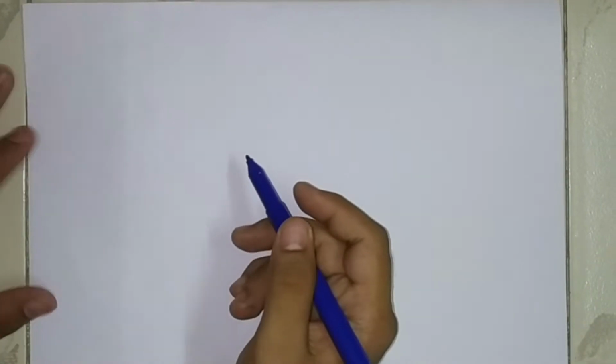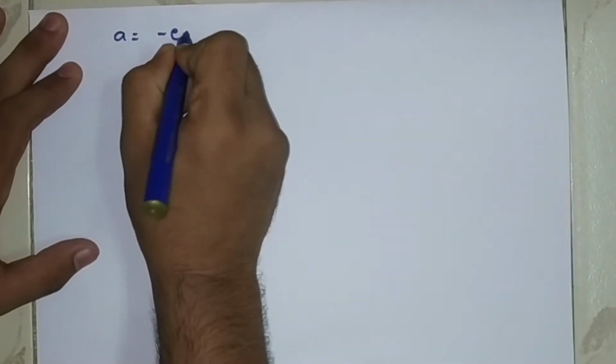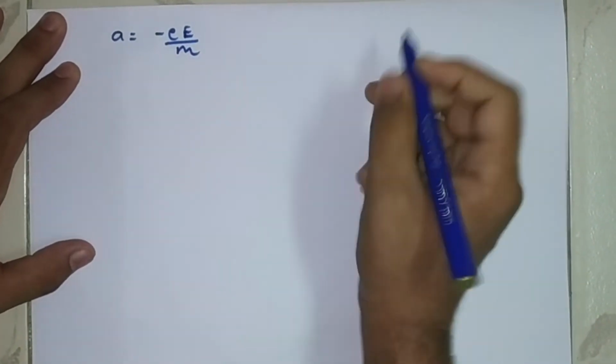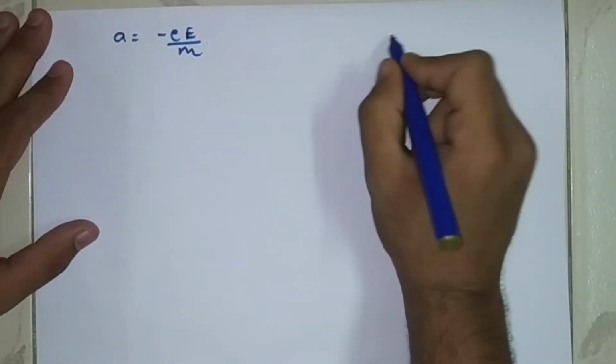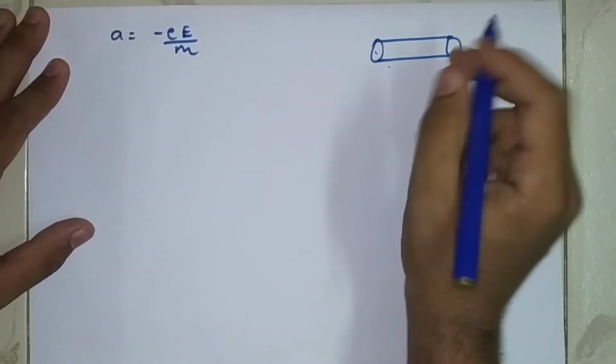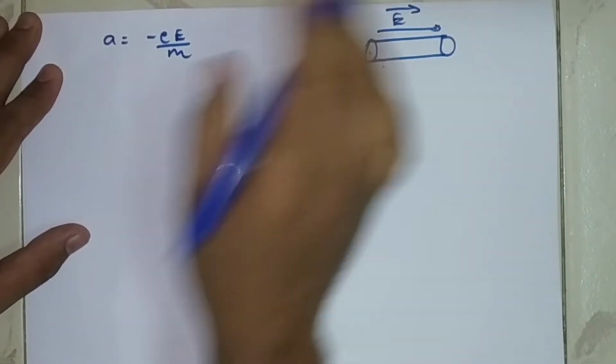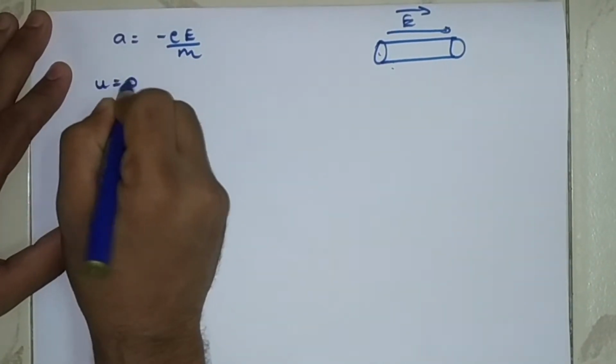Now we are going to derive the drift velocity formula. We know that a equals minus eE by m. Before applying the electric field to this specimen, the net velocity is 0, so u equals 0.